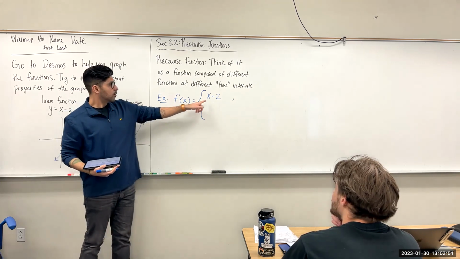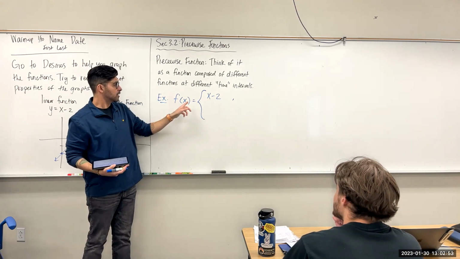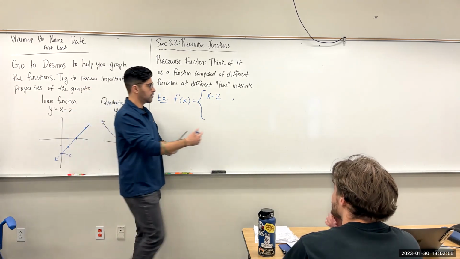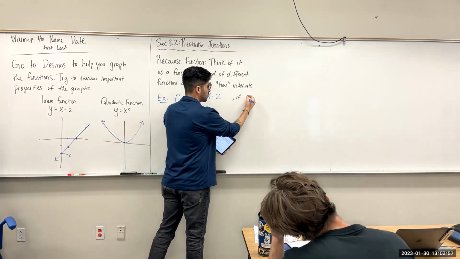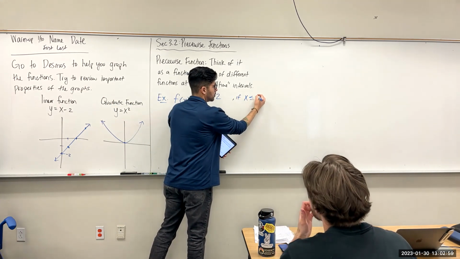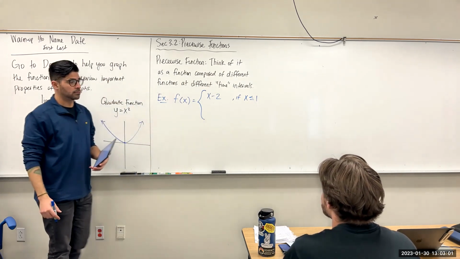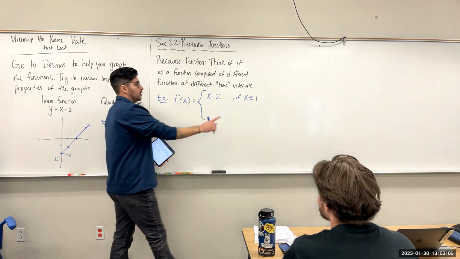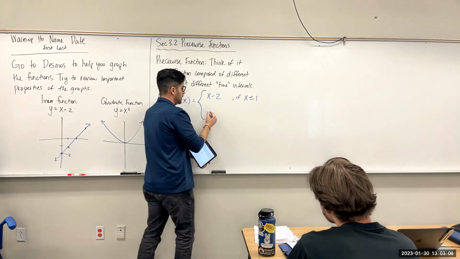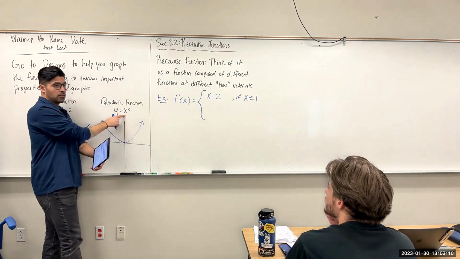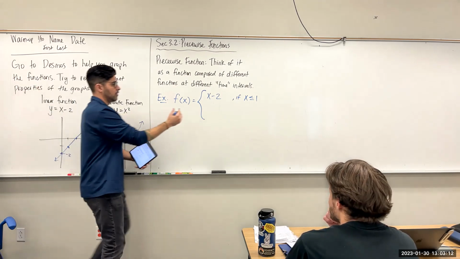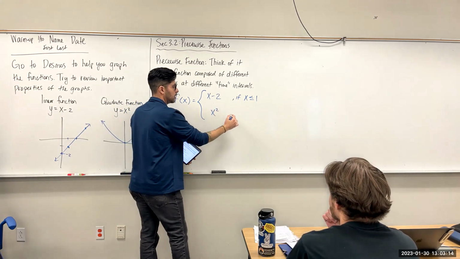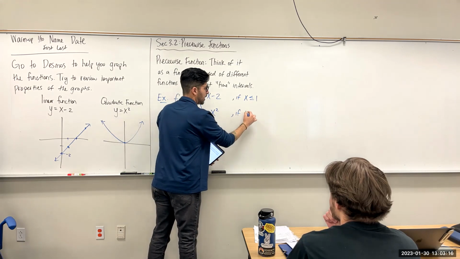But we're only going to consider this function for the x values if those x values are less than or equal to 1. And I'll show you what that means. So if it's greater than 1, then we're going to consider this function, x squared. So I'm going to write that down here, x squared, if x is greater than 1.